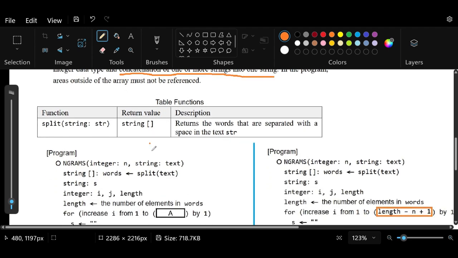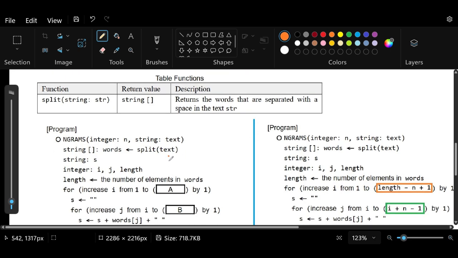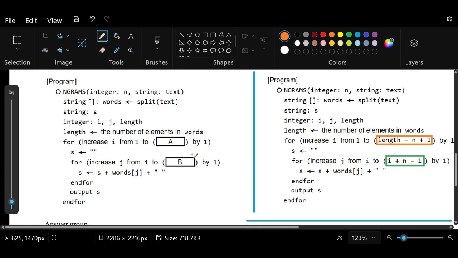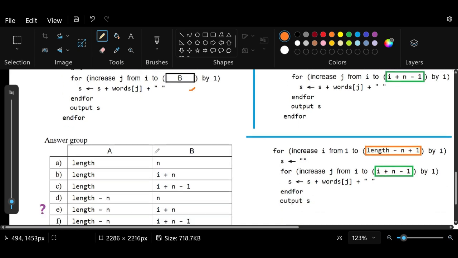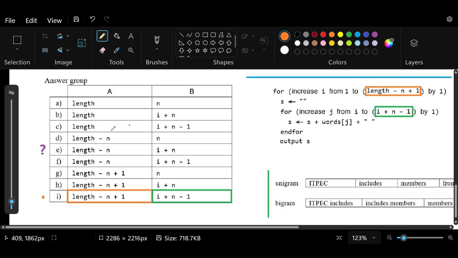Okay, table functions. Alright. Now, what we need to do next is look at the program and figure out where the blanks are. We see there's blank A and there's also blank B. And for the answer group, I didn't choose immediately the correct answer, although I ended up choosing letter I, which is the correct answer eventually. I think I first tried out a few choices.